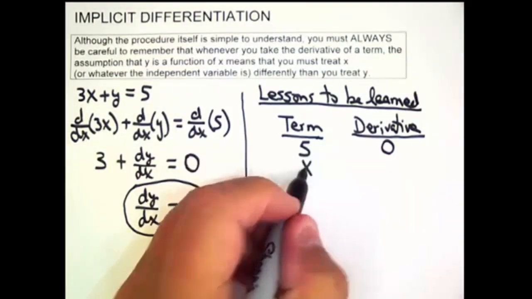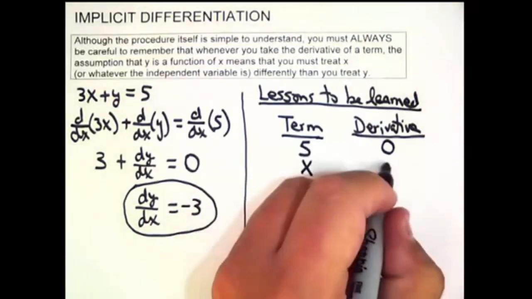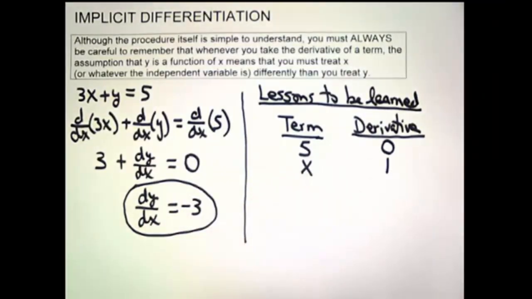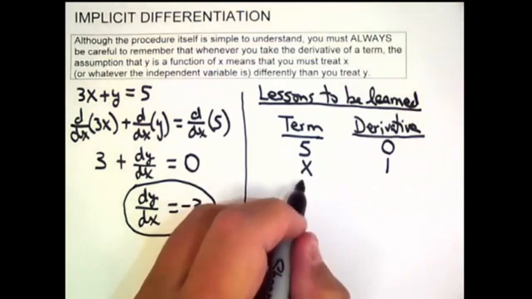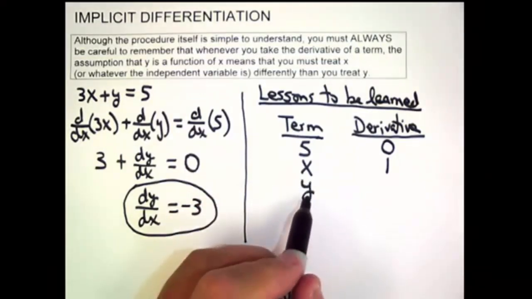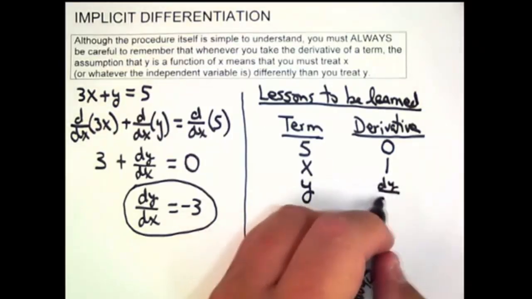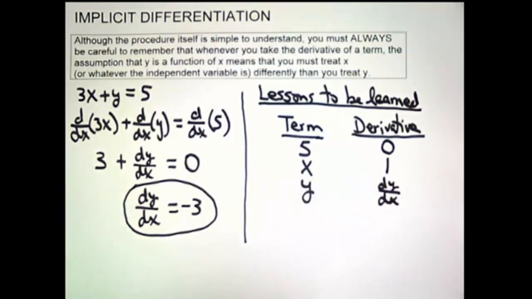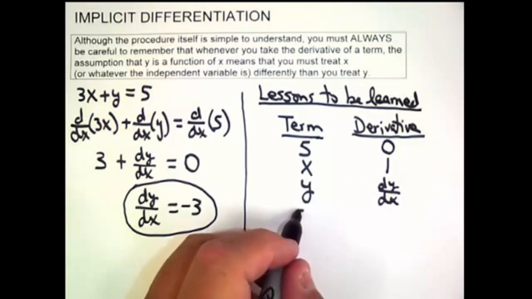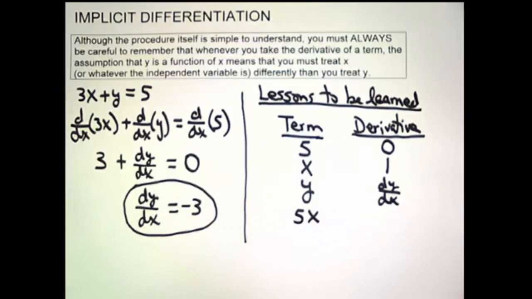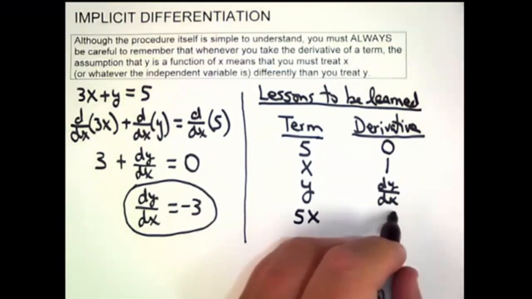If I have x, its derivative, of course, is 1. But if I have y, since y is treated as a function of x, the derivative of y is dy over dx, not 1. If I have something more complex involving just x, say 5x, that derivative would be 5.